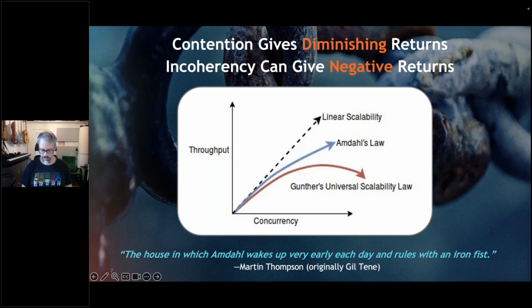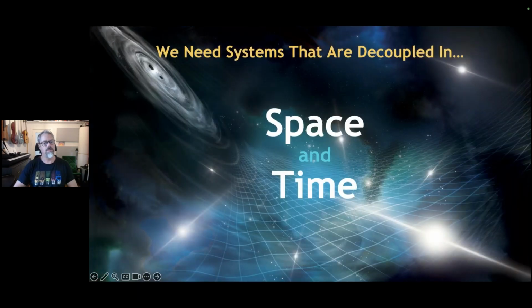So this is really important to think about and understand and be able to model. So in essence, we need systems that are decoupled in time. Decoupling in time is really what gives us concurrency. It adds this asynchronous boundary between components, and gives us loose coupling that we can use for a lot of other good reasons as well.